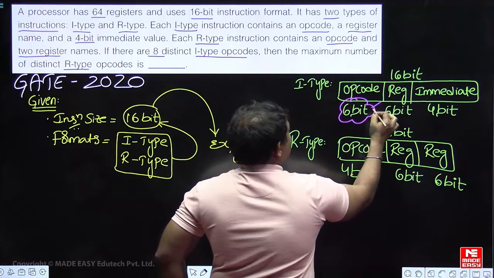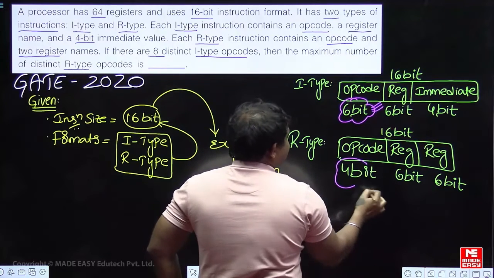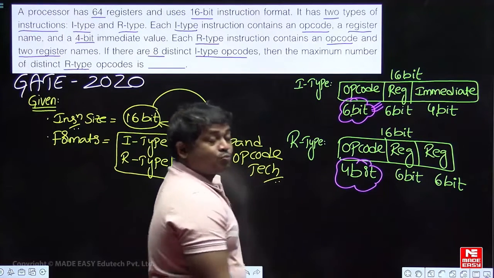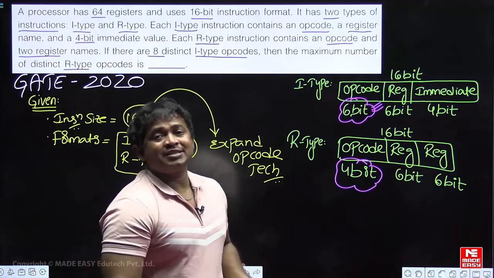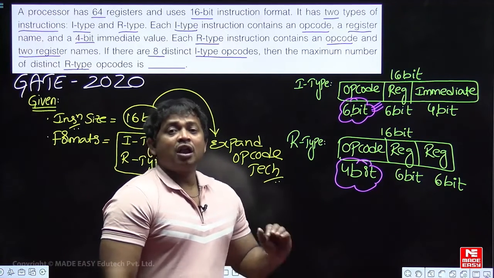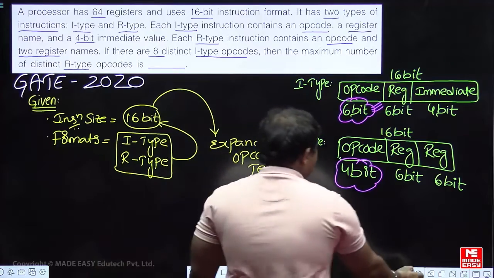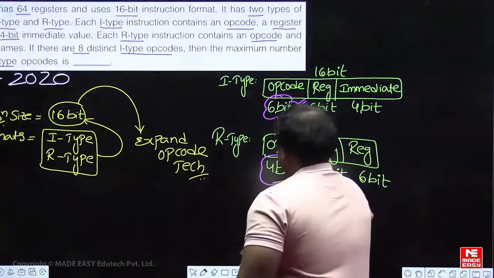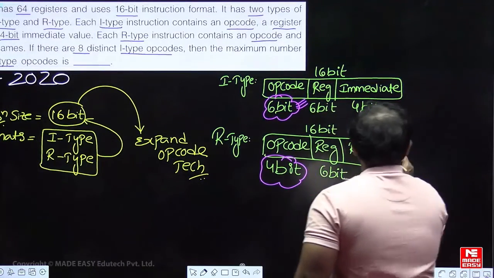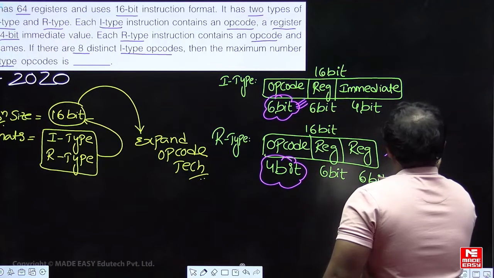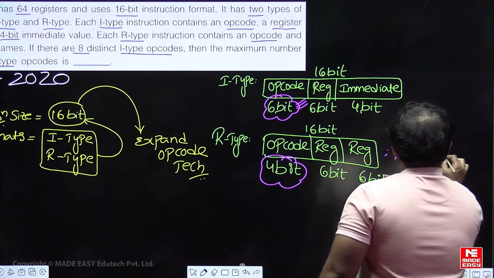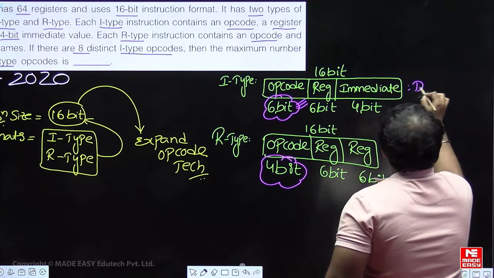The I-type instruction opcode is 6-bit, the R-type instruction opcode is 4-bit. The smallest opcode is called the primitive instruction and the largest opcode is called the derived instruction. So here R-type is the primitive and I-type is the derived.